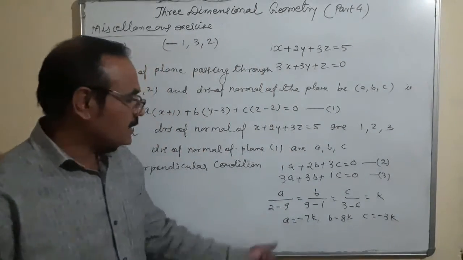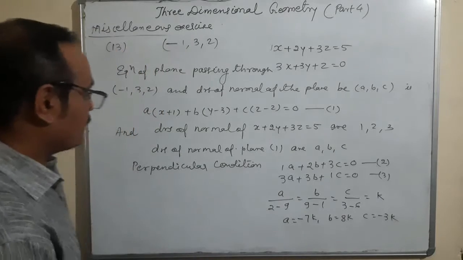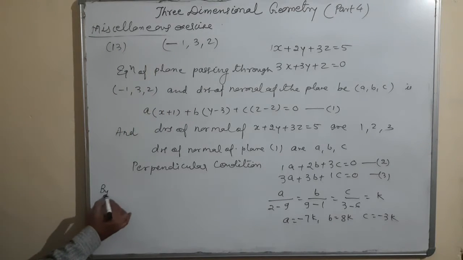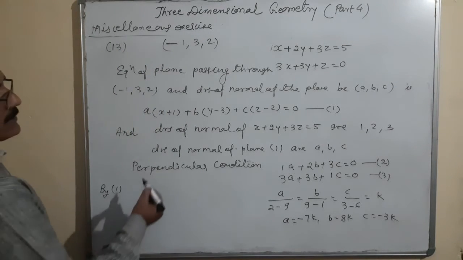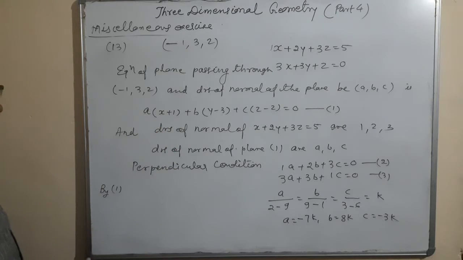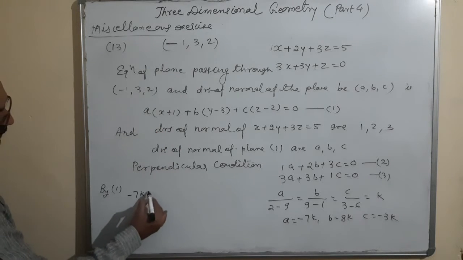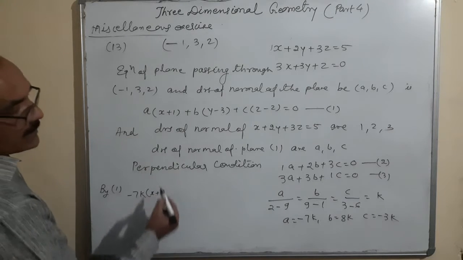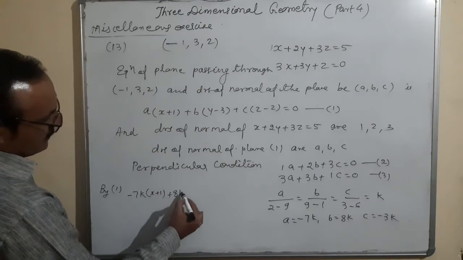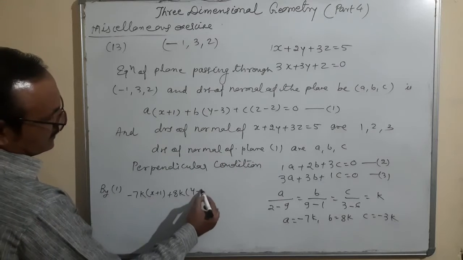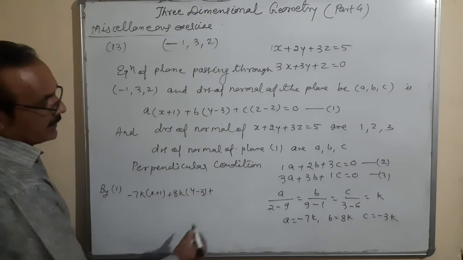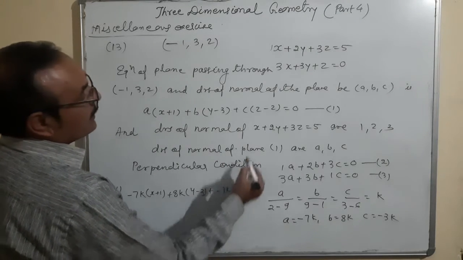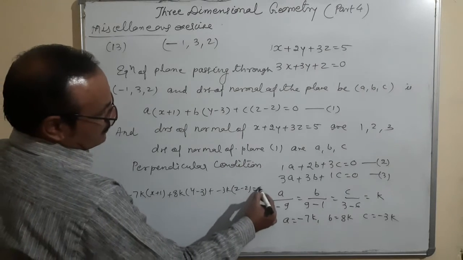Okay, and these values of A, B, C I can put here one by one. Then what happens? First equation: A, that means it is minus 7K times (x plus 1), plus B, that is 8K times (y minus 3), plus C, that is minus 3K times (z minus 2), is equal to 0.